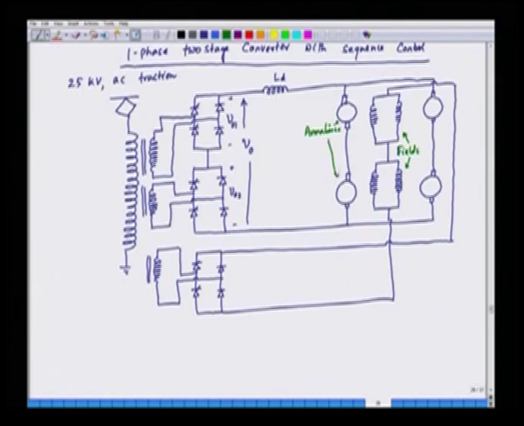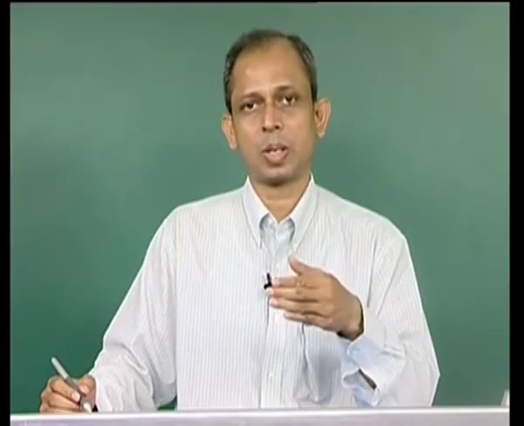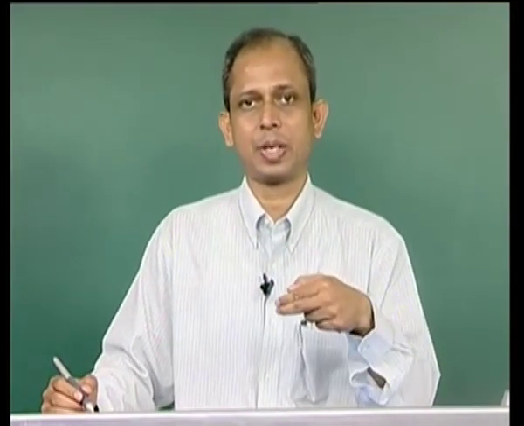In this case we have 4 DC traction motors, and each motor is a separately excited DC motor. So, 4 motors, 2 are connected in series and 2 series combinations are connected in parallel.